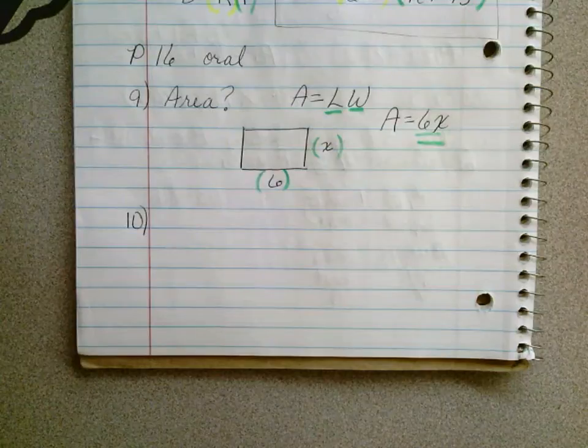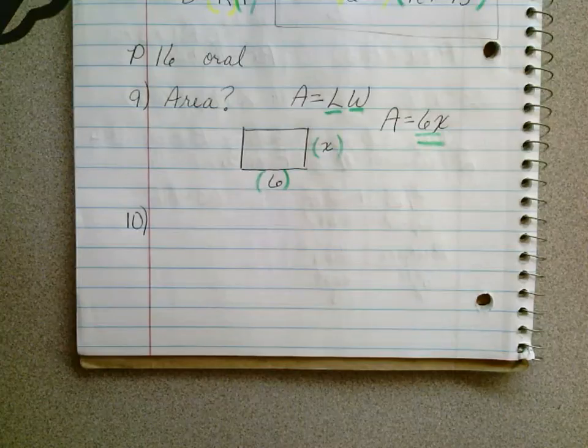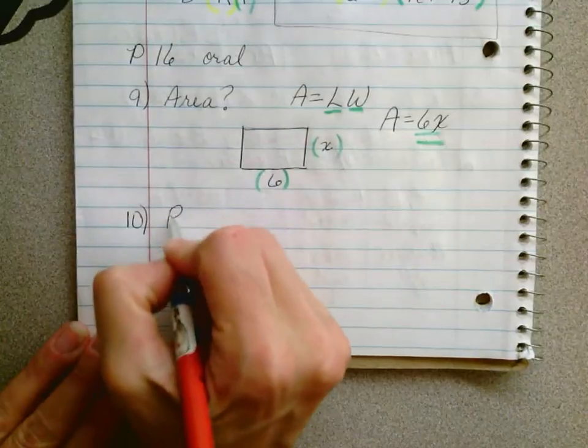Area, perimeter, cost, or distance? It's in the second sentence of number 10 on page 16 in the oral. Right, so my question to you is, what is it asking for? Perimeter, good. He said it's asking for perimeter.